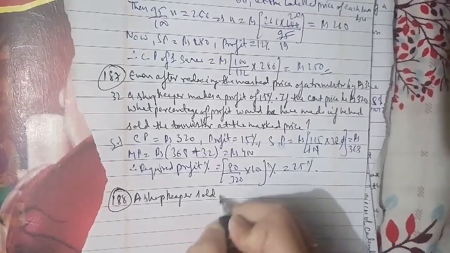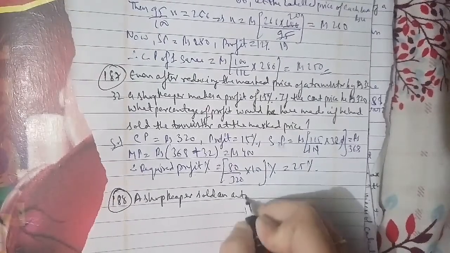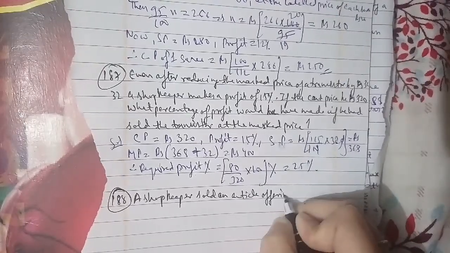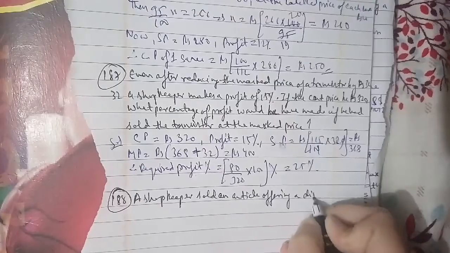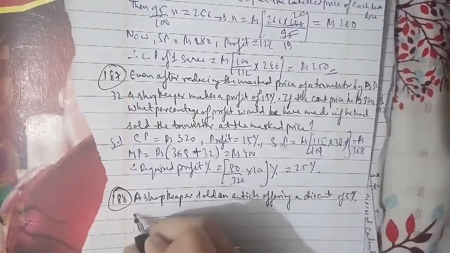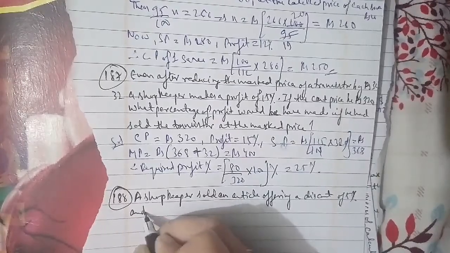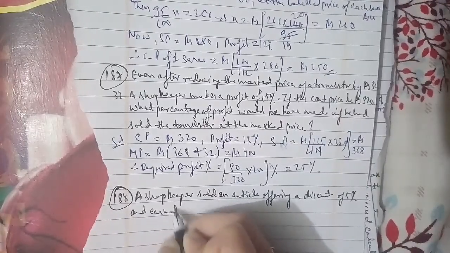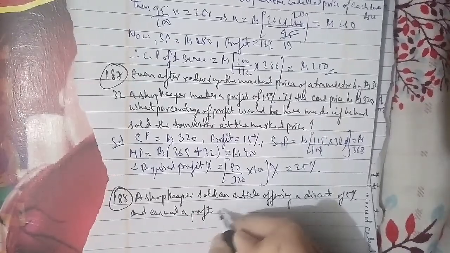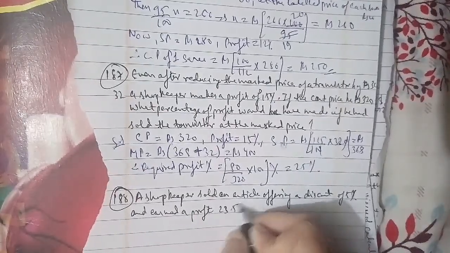A shopkeeper sold an article offering a discount of 5% and earned a profit of 23.5%.